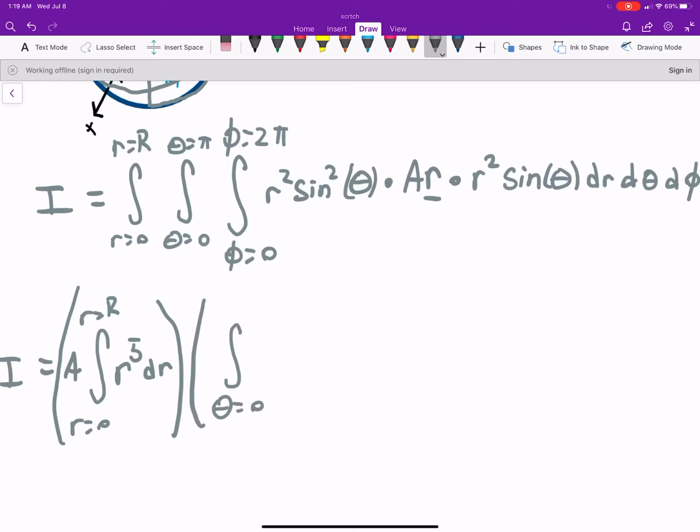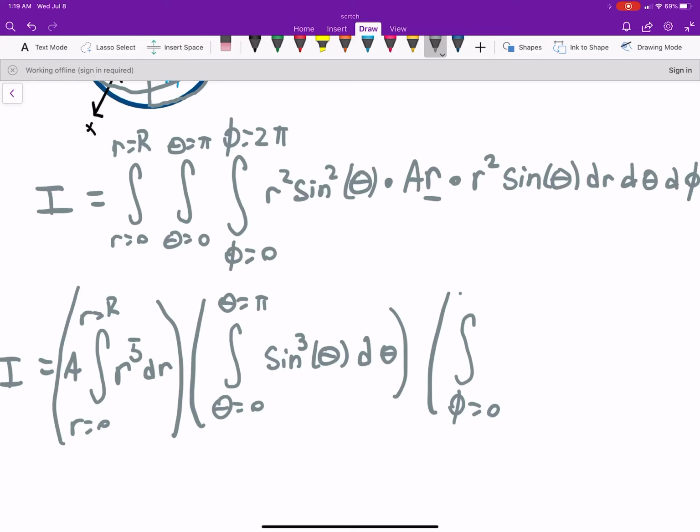Theta from 0 to pi, we're going to have sine cubed of theta d theta. And then finally, from 0 to 2 pi of just d phi.